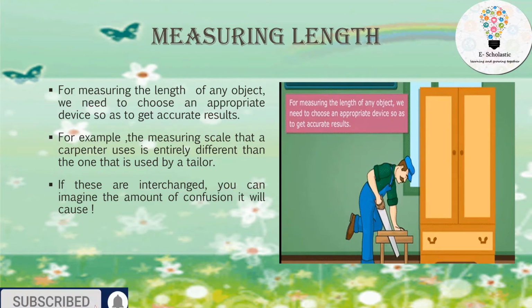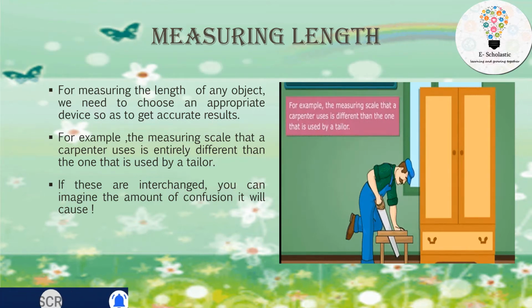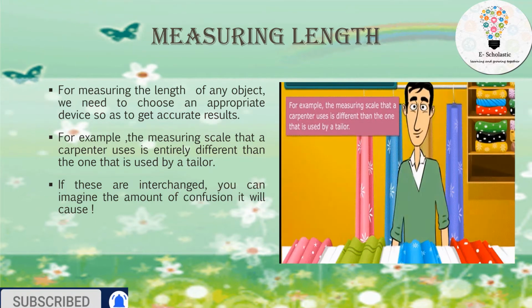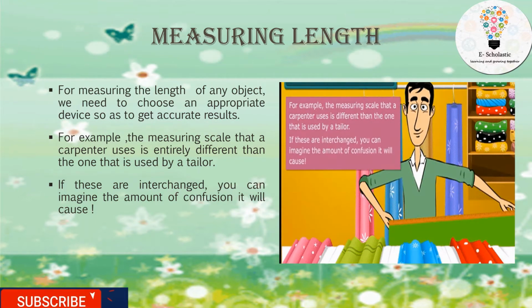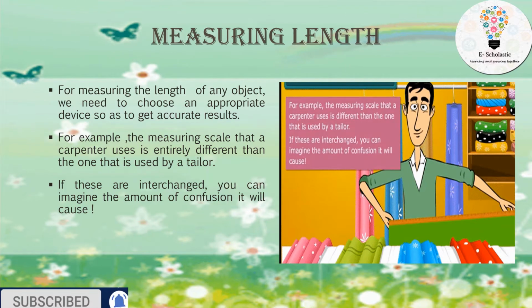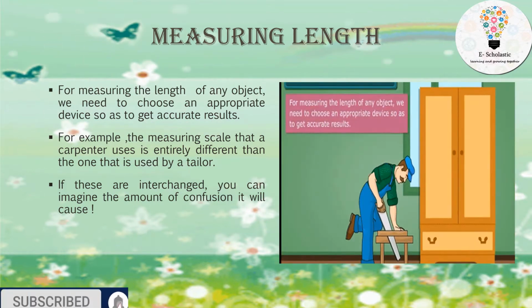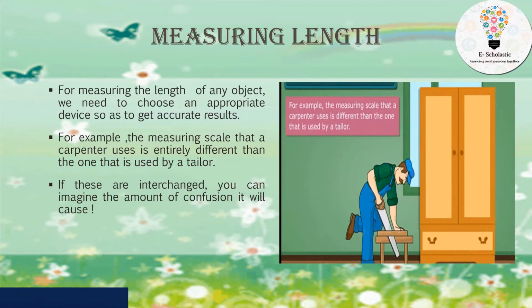For example, the measuring scale that a carpenter uses is entirely different from the one that is used by a tailor. If both the measuring scales are interchanged, then we can imagine the amount of confusion it will cause, because both the measuring scales are meant to measure entirely different objects.